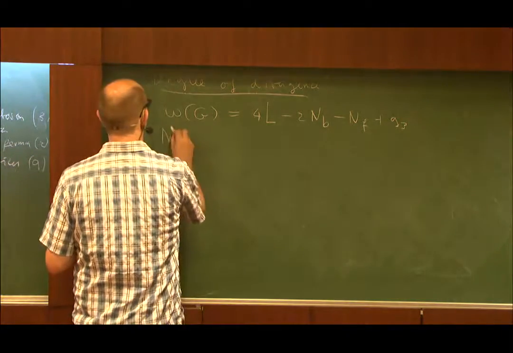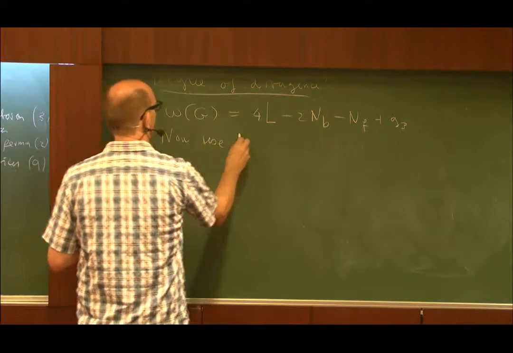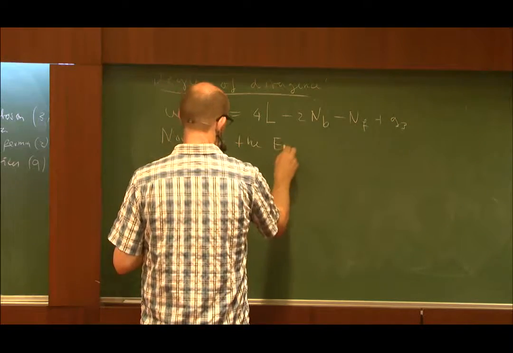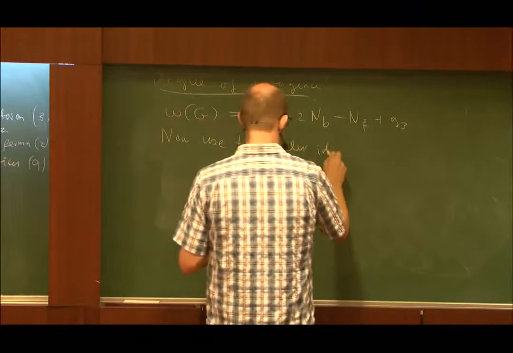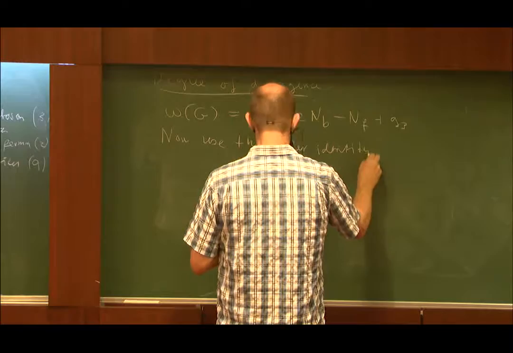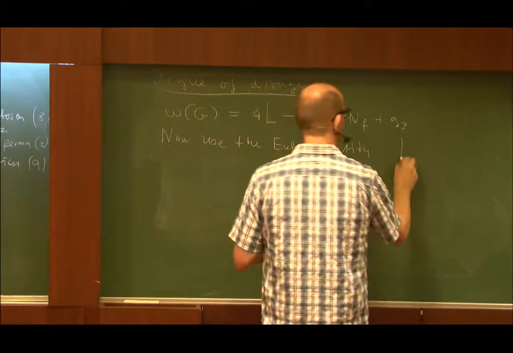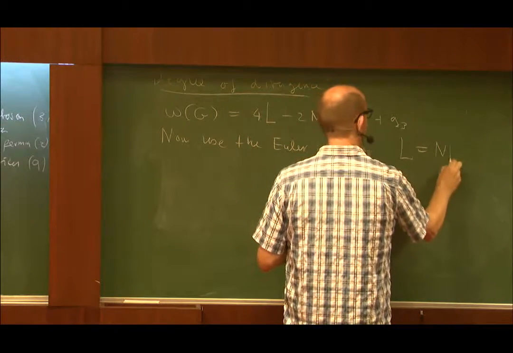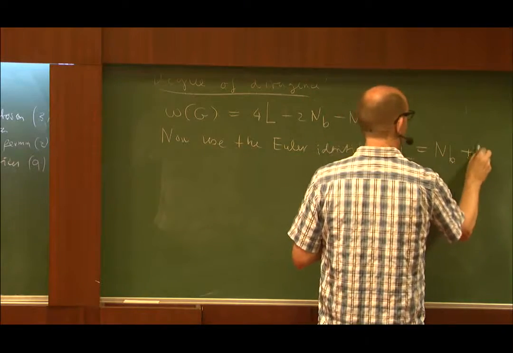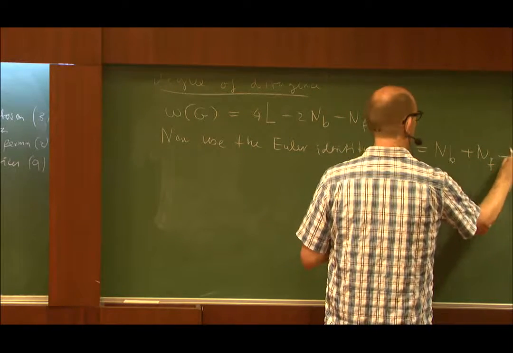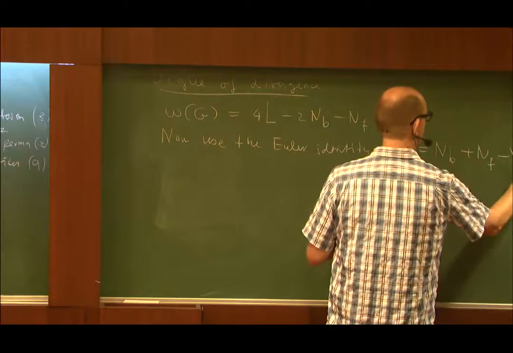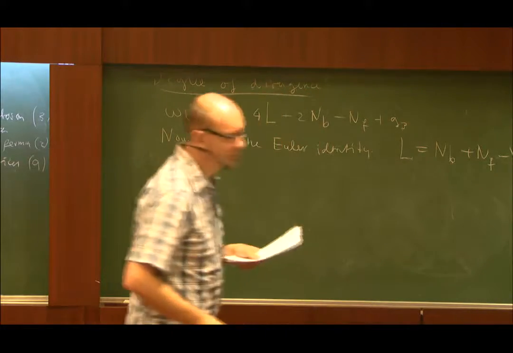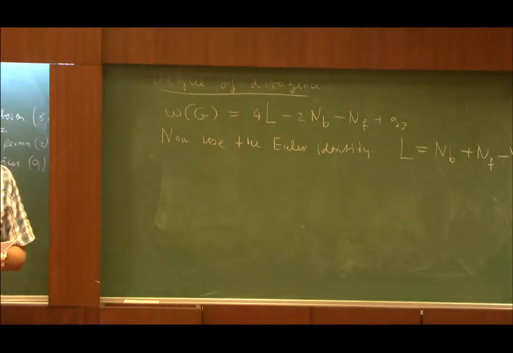So now use the Euler identity as a topological identity. Which says the total number of loops is the number of internal boson lines plus the number of internal fermion lines minus the total number of vertices plus 1. I'll leave you to study that identity for general loop graph by itself.